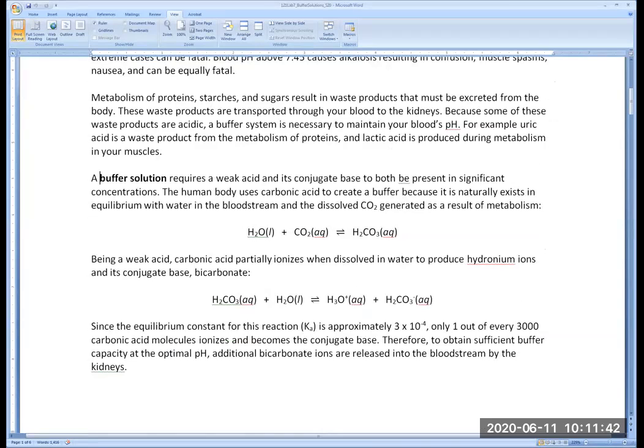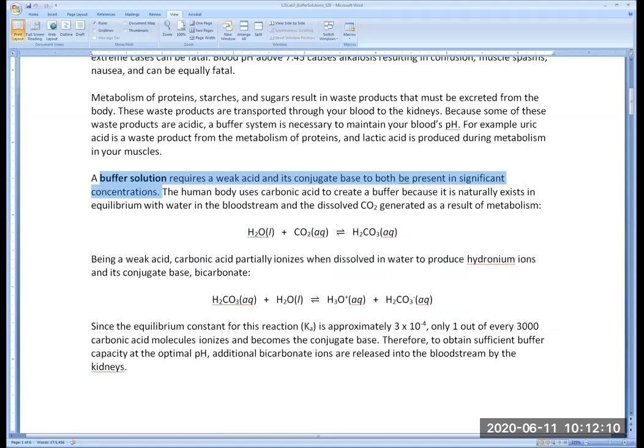By definition, a buffer solution requires a weak acid and its conjugate base to be both present in significant concentration. So that's the definition of a buffer in chemistry that you want to remember. For a conjugate acid-base pair to be a buffer, you need both the acid and the base, and the acid needs to be weak.